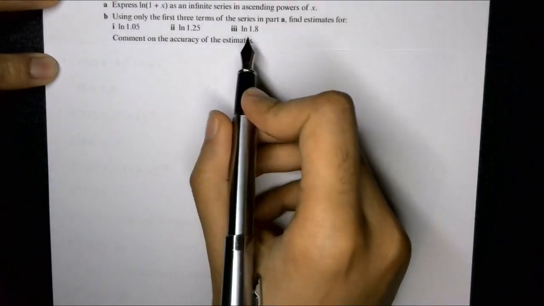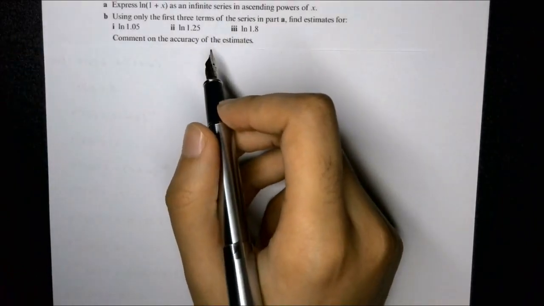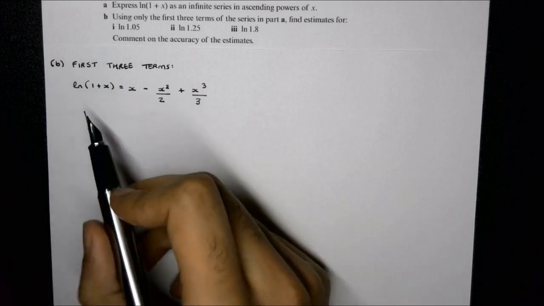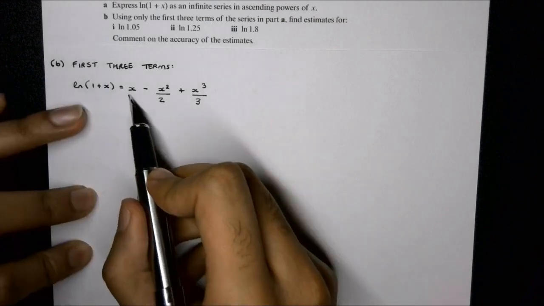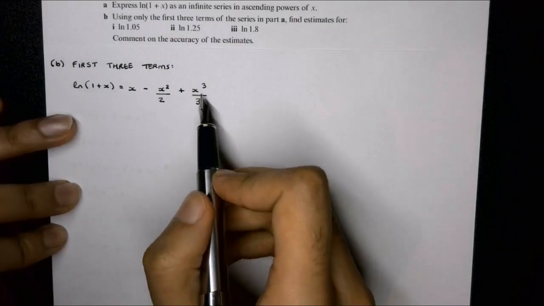Now, if we consider the first three terms of the series we found in part A, we have the following. We have the natural log of 1 plus x, which is equal to x minus x squared over 2 plus x cubed over 3.